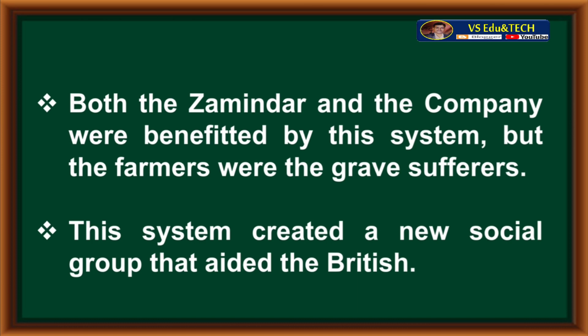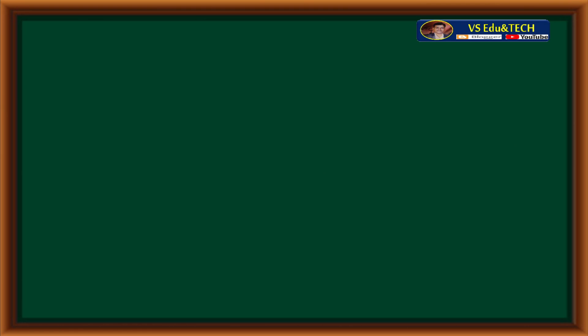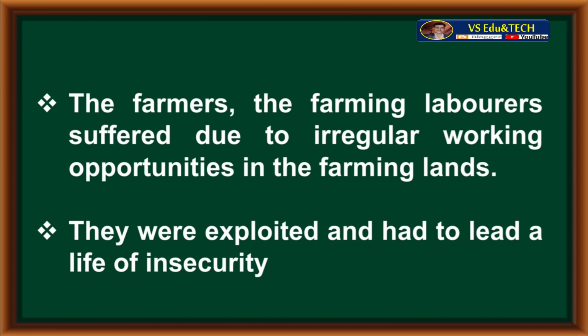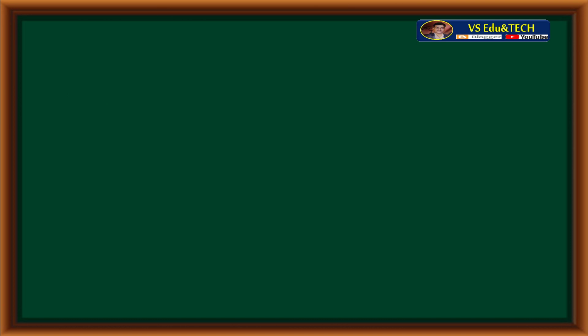This system created a new social group that aided the British. The farmers, the farming laborers, suffered due to irregular working opportunities in the farming lands. They were exploited and had to lead a life of insecurity.